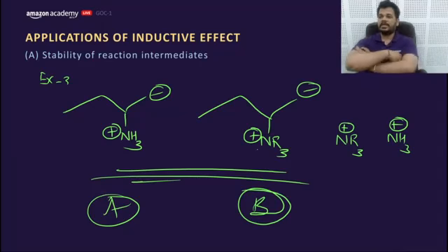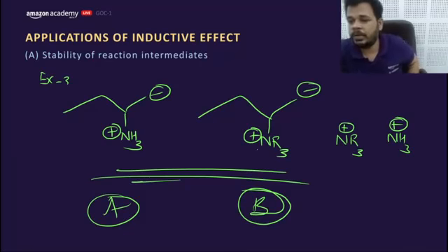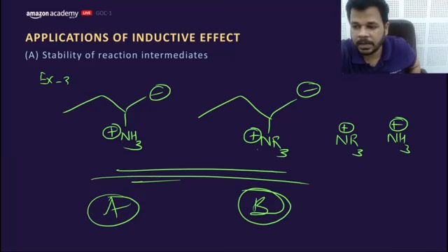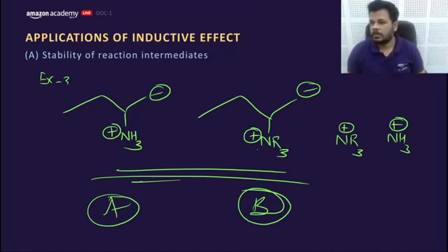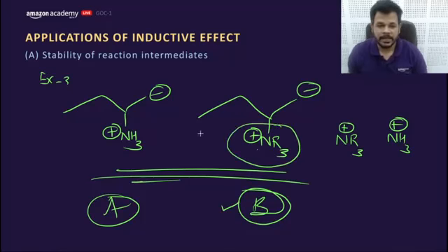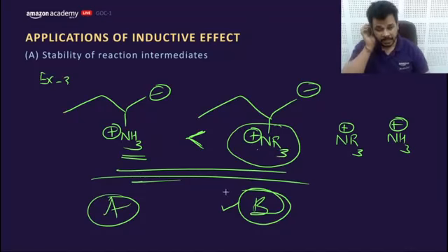Yes, some say B. Please write your name in the chat box like this, Ashu, and then answer like this, B. Okay, so the answer would be B, because minus I of NR3 is higher compared to NH3 plus. So this would be the answer.